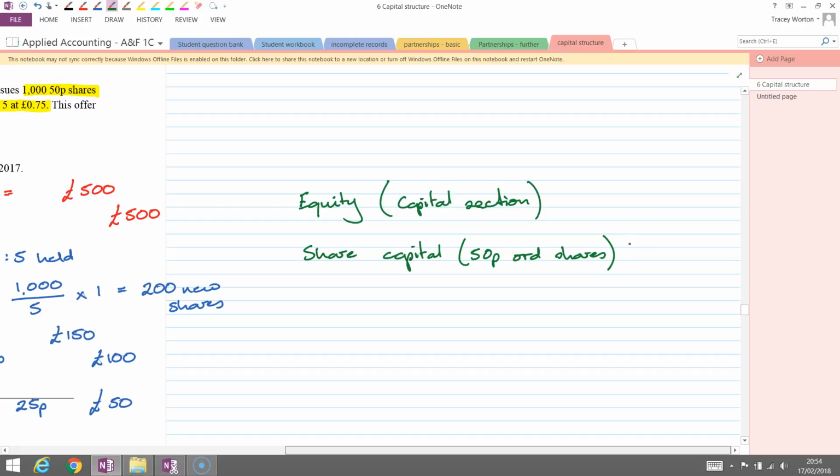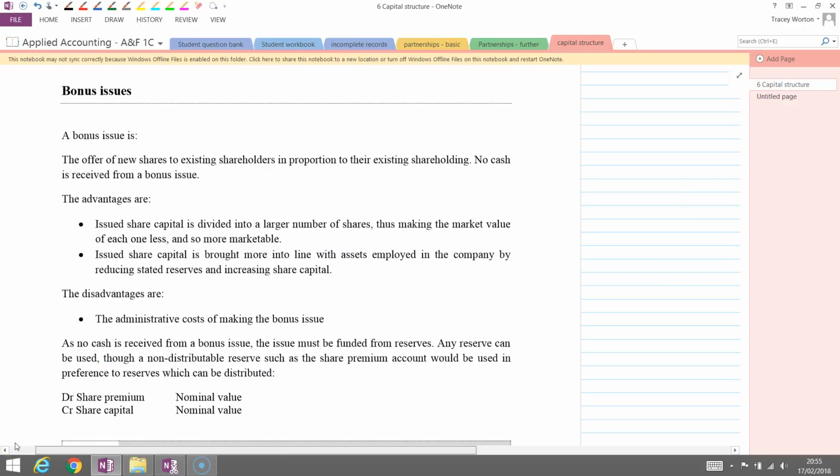So we have the 500 from the original issue, the £100 from the rights issue, so we've got 600 sitting in the share capital account, and then in the share premium account we're going to have the balance from the rights issue, so the other £50 will sit in there. And so that's how our statement of financial position equity or capital section will look in 2017 after this rights issue has taken place. So another type of share issue that we could have would be a bonus issue.